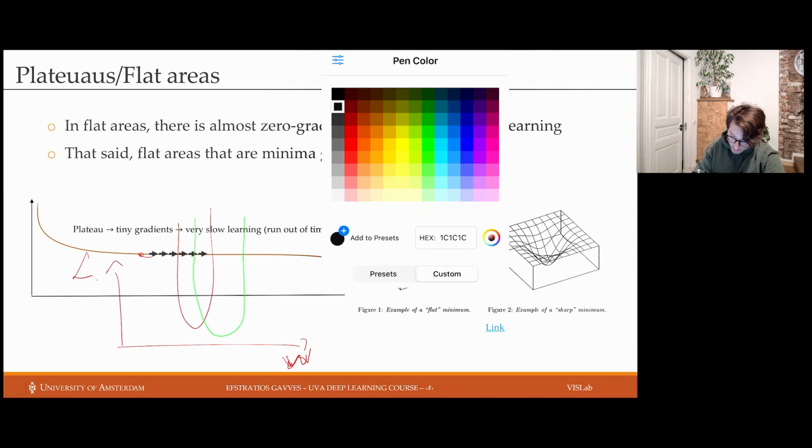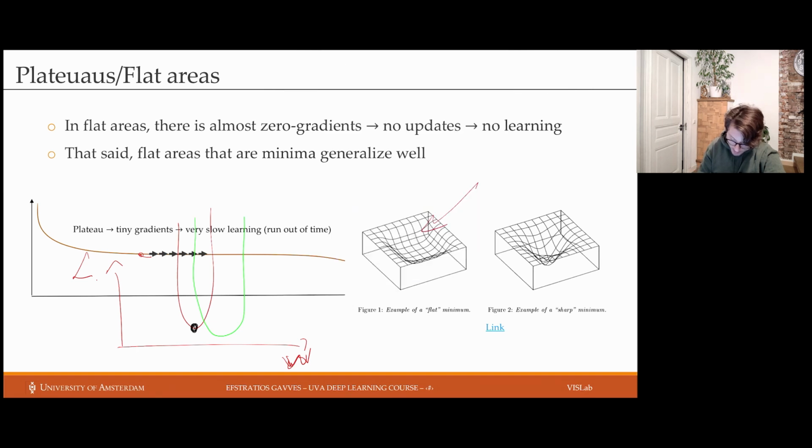If we were to check our best minimum according to the training set, that would generate very high test loss. So flat areas are actually quite good when it comes to generalization. However, if the flat area is not a decent local optimum, it is actually bad because it slows down training.